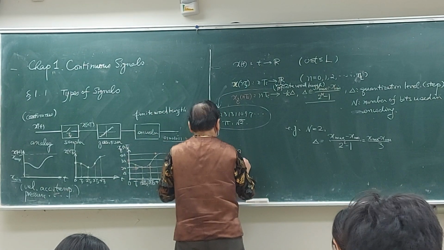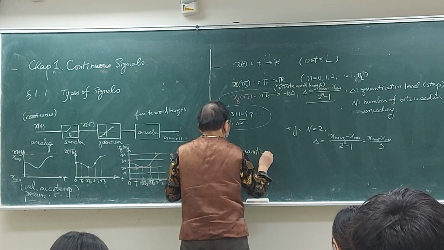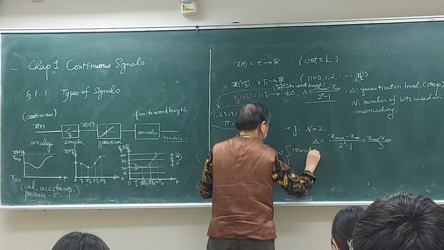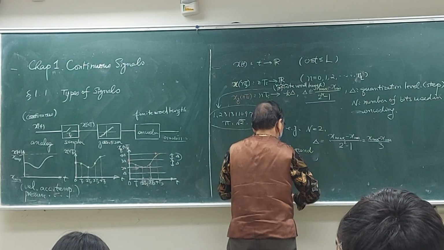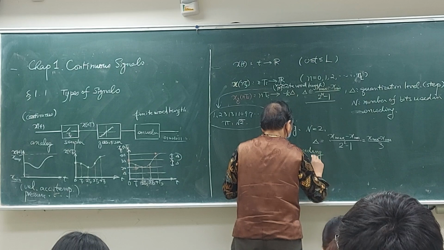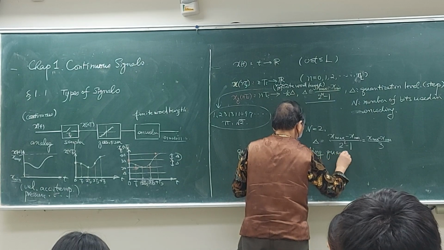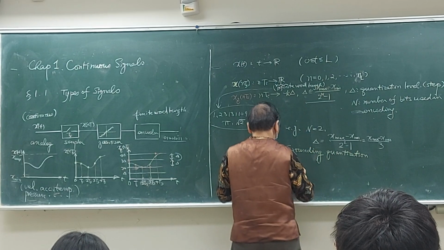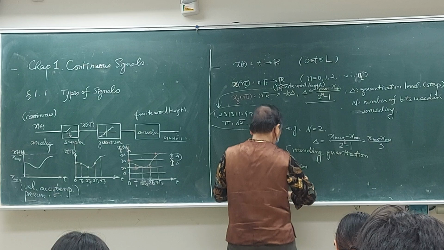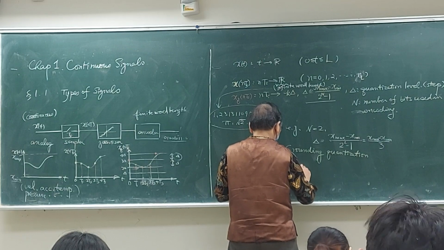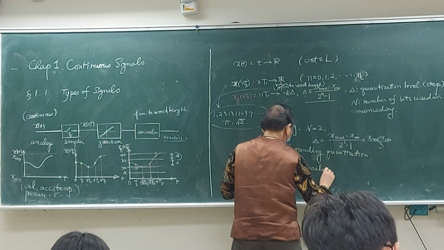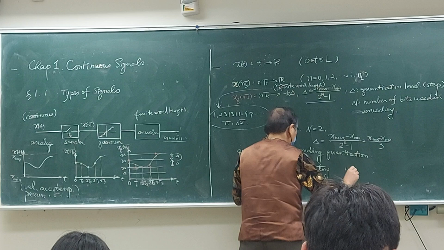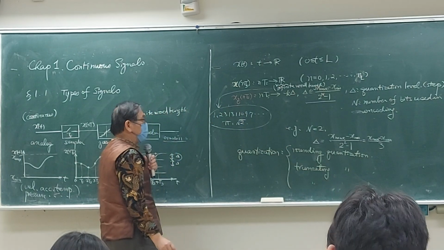The quantization algorithm can be rounding off or rounding quantization, or truncation. Or something else. But these two are the most commonly used for the rough quantization.